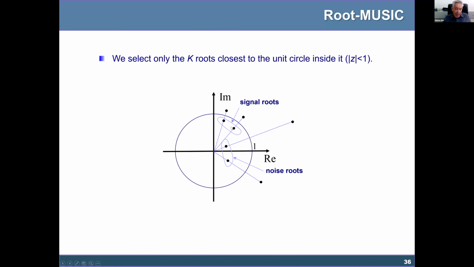So there are n minus 1 roots, but we look at the k, in this picture 2, closest to the unit circle. These are the signal roots, and the others are the noise roots. And from the phase of these two, we obtain an estimate of the direction of arrival.